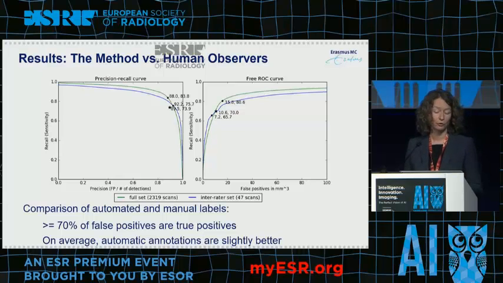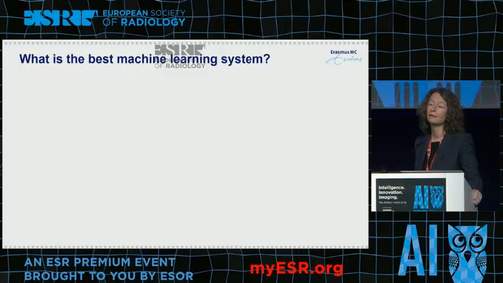And on average, automated annotations were slightly preferred over manual annotations. And yeah, I will show you just a few examples in this talk, but there are really many examples by now where deep learning systems are performing at the level of a human expert in very specific, well-defined tasks.